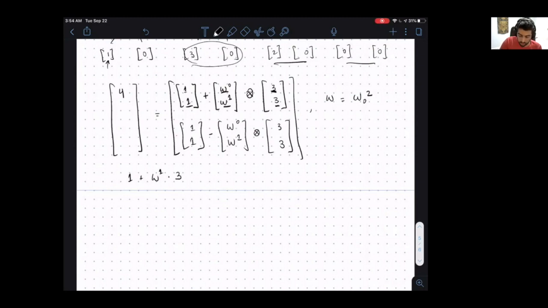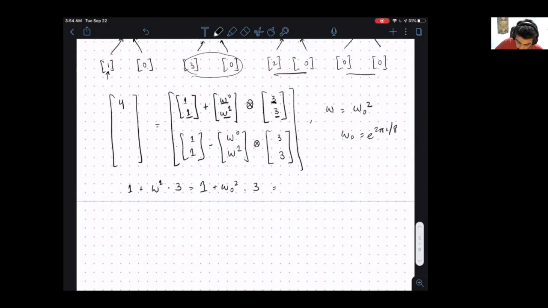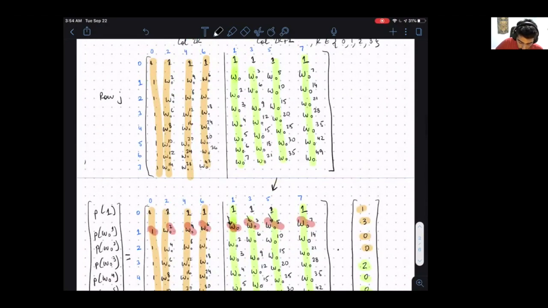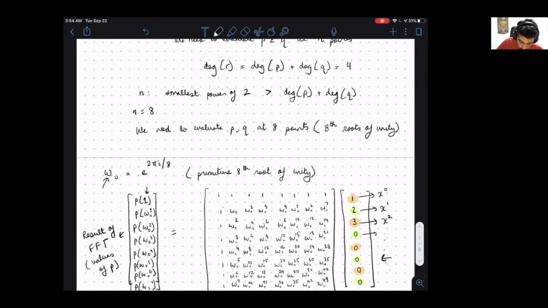Well, what's omega? We know that omega is omega naught squared. So this is equal to 1 plus omega naught squared times 3. Well, we know that omega naught is e to the 2 pi i over 8. We defined that all the way up here.